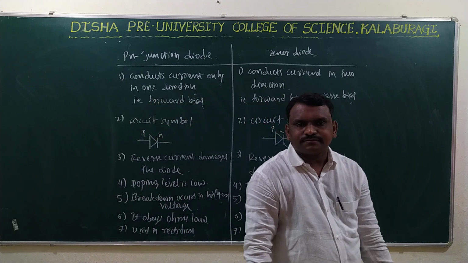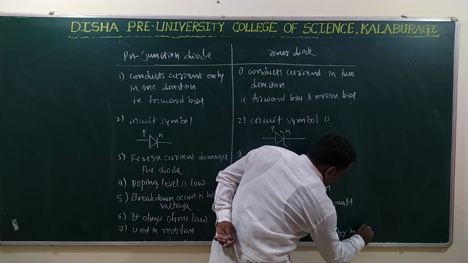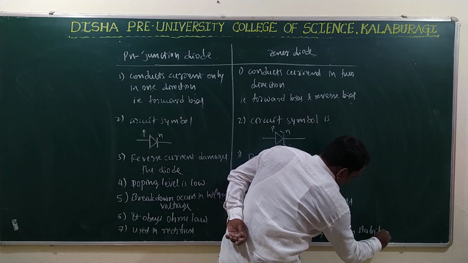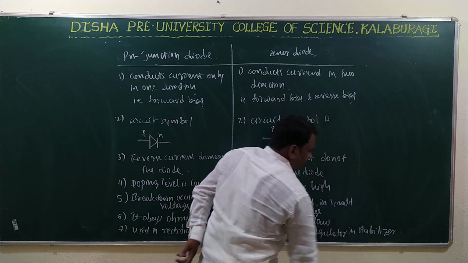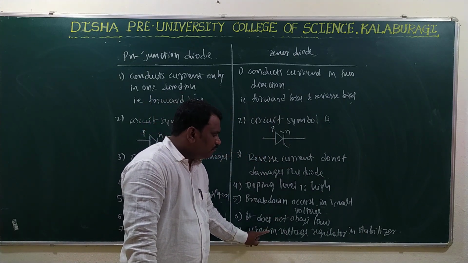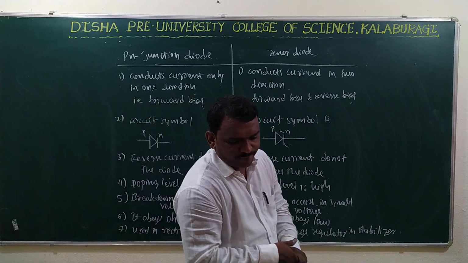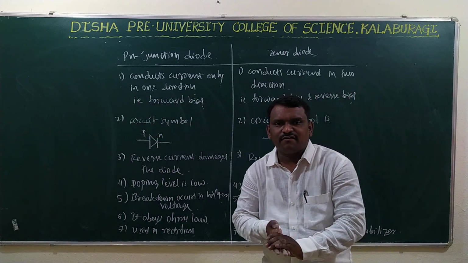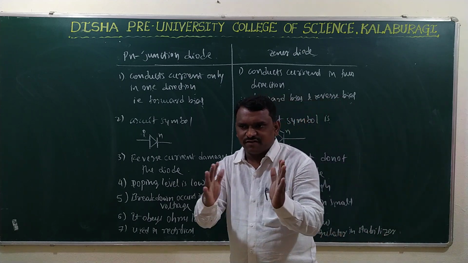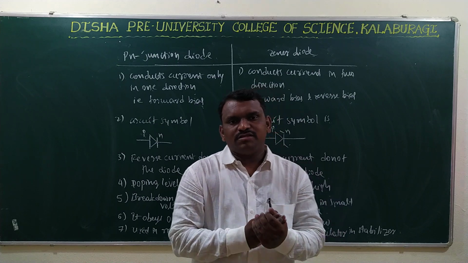Okay, next, voltage regulators and stabilizers, right? And it is also used in motor protection, and also for shaping waves. Different types of waves can be shaped using this Zener diode.